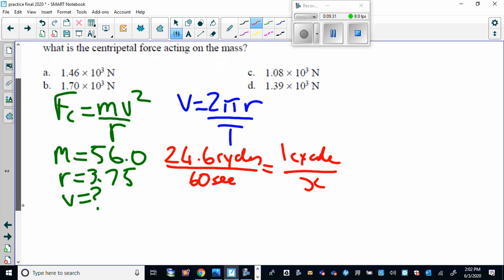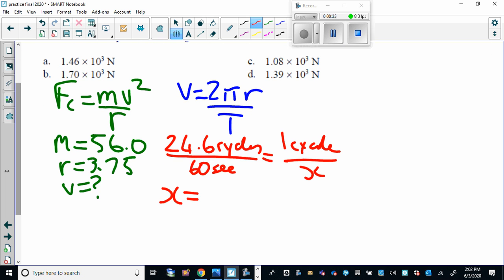Then cross multiply and divide, and you are going to get x equals 2.44 seconds.